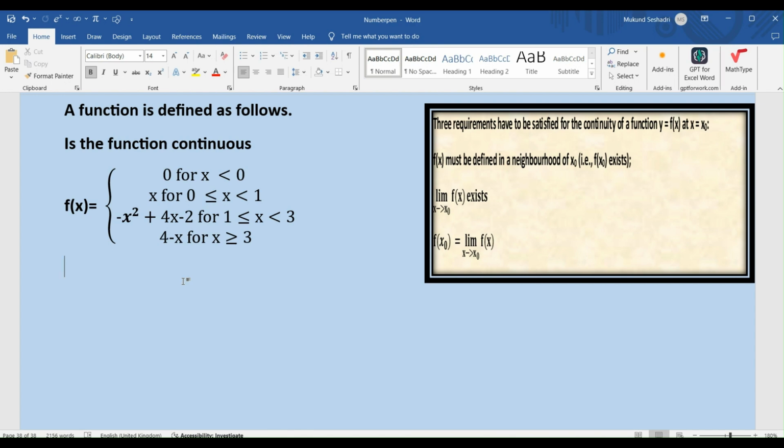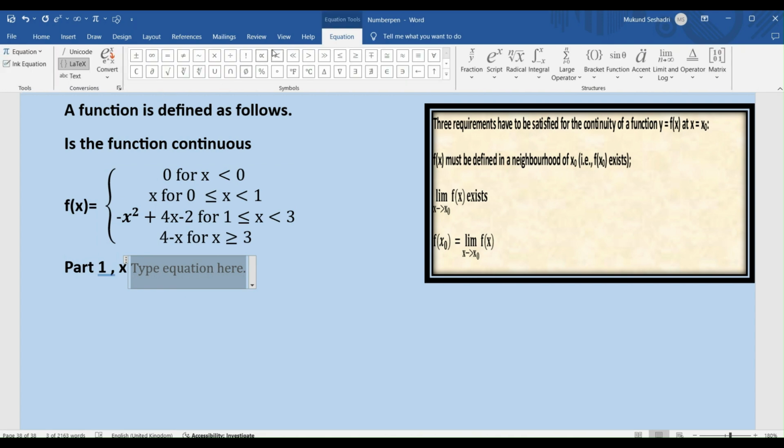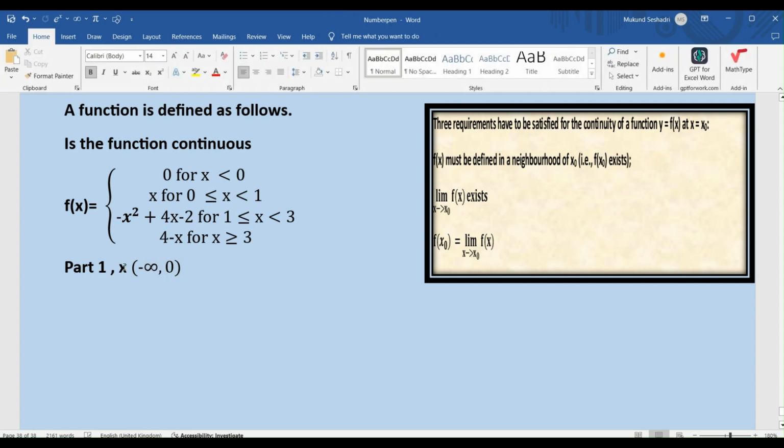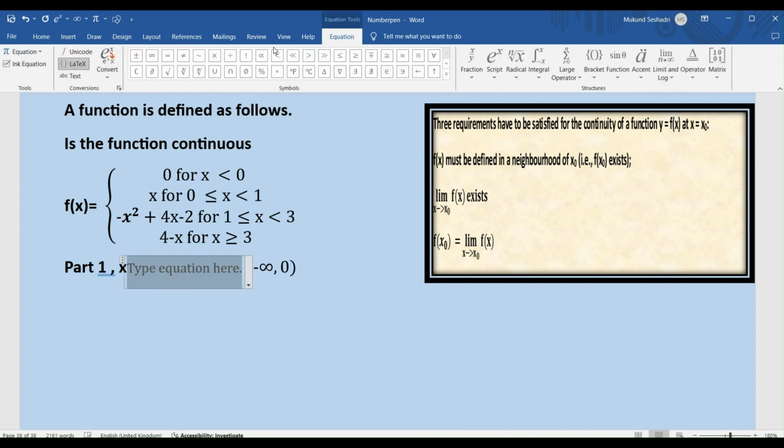So our first part will be x less than 0. And what is that? It belongs to the interval minus infinity to 0, right? Open interval, folks, remember that. All these things are pretty important, which is where we tend to make mistakes while representing them, or more importantly, while understanding them, right?